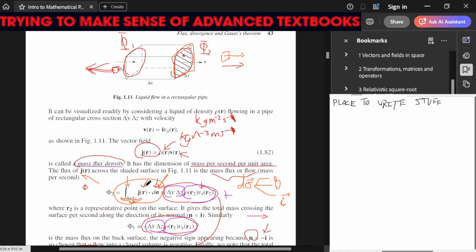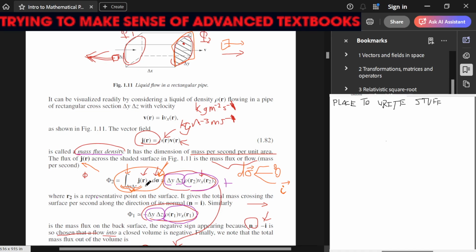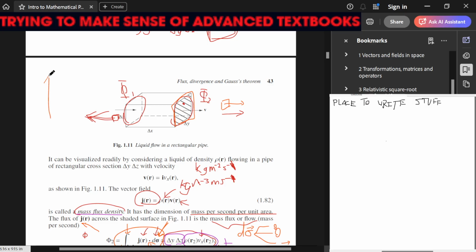Does this make sense? So the dot here, whenever you have a dot product, it compares the angle of two things, or it has to do with the projection of something on something.